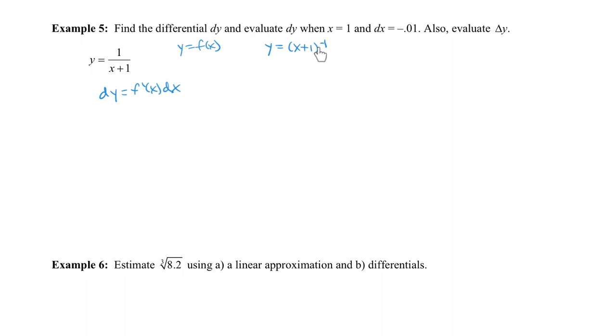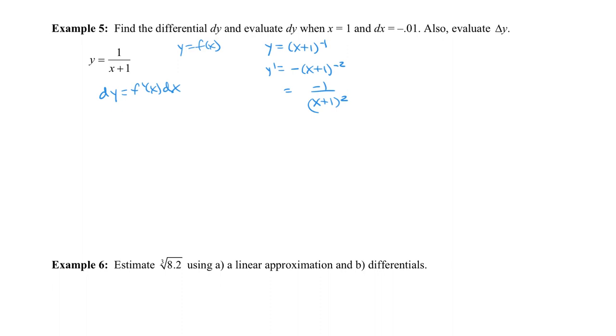Because if you put it underneath a 1, that gets us this. Okay, so then y prime would be, by the power rule, negative x plus 1 to the negative 2, or if you prefer, negative 1 over x plus 1 squared. So, again, that would be the same as f prime of x, because I could have said f of x equals this, right? So we can use this over here for f prime of x.